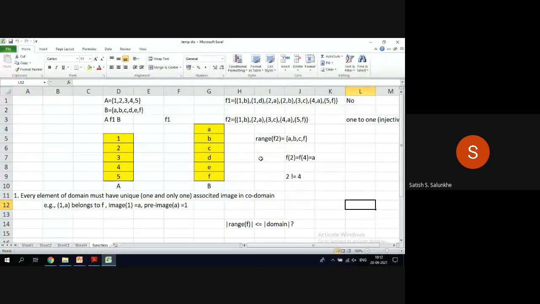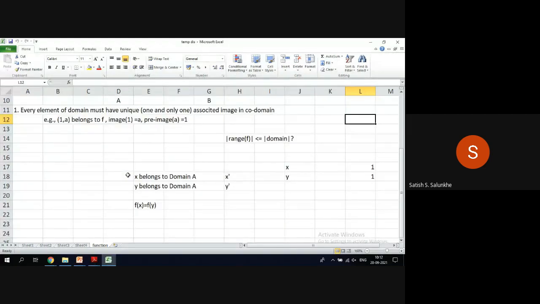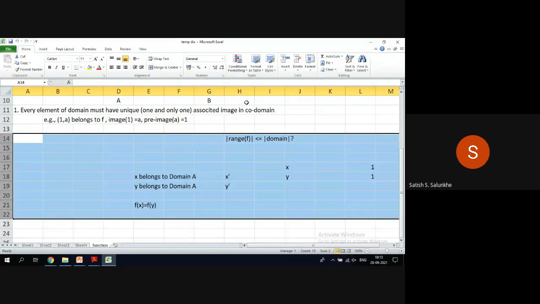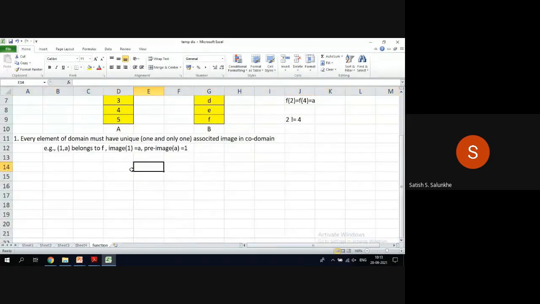So coming back here, one-to-one function.